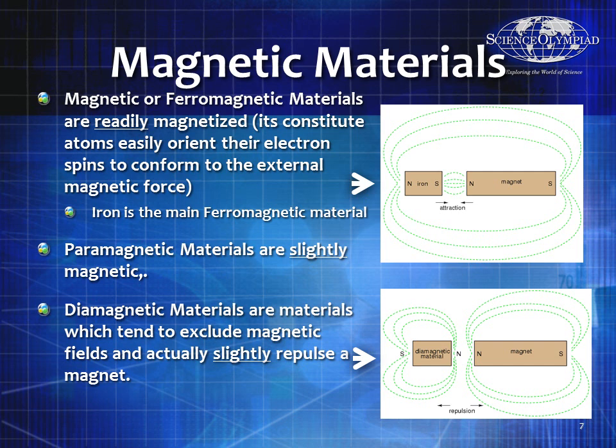And diamagnetic materials are materials which tend to exclude magnetic fields and actually have a slight repulsion to a magnet. Okay, and so these are the things that your refrigerator magnets will not stick to.